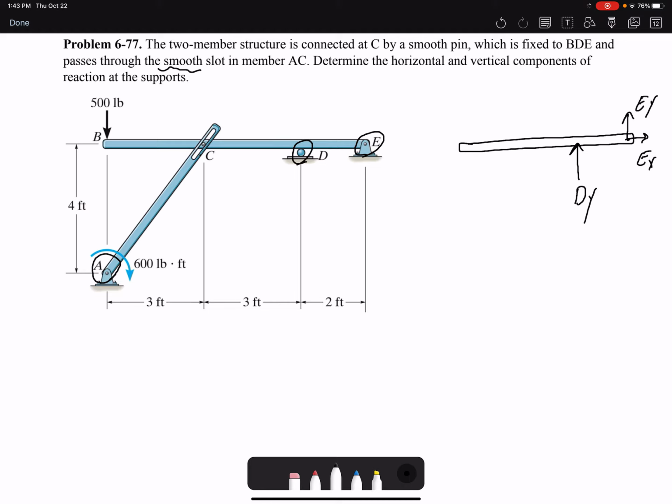Then C, it can move along the slot, but it cannot move perpendicular to it. So we have FC here, and then we have our 500 pound at the end of the beam. So here the distance is 3 feet, and then 2 feet.